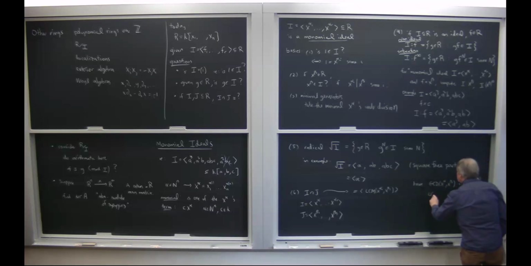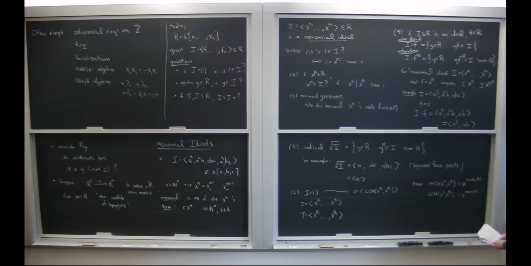And then the LCM of x to the alpha and x to the beta is just x to the maximum of alpha and beta. So x to the alpha times x to the beta is equal to the product of these 2 things, just like usually happens for polynomials. So we can compute this, and using this, you can write down generator solutions for all of this, which I'll ask you about later on.